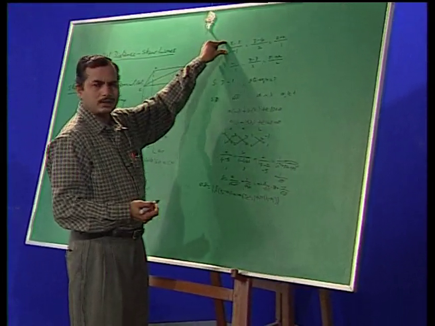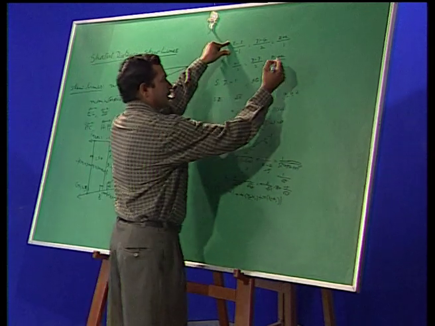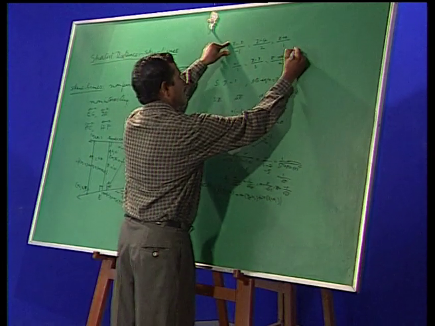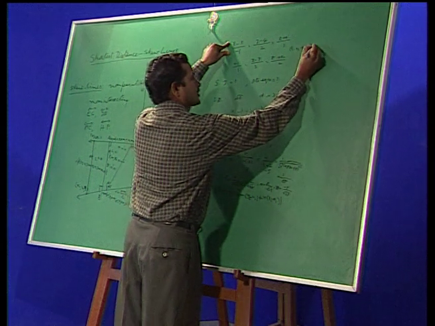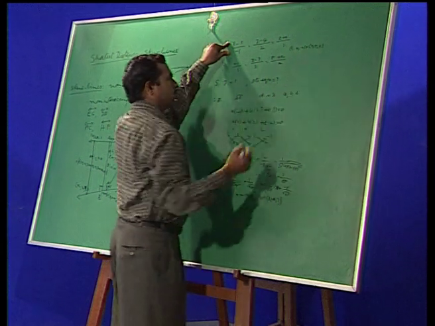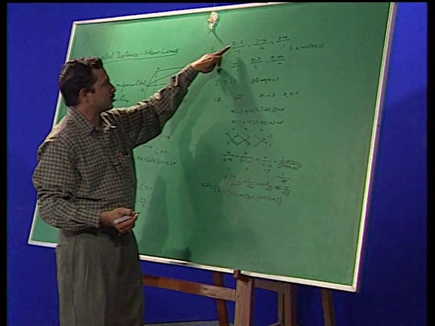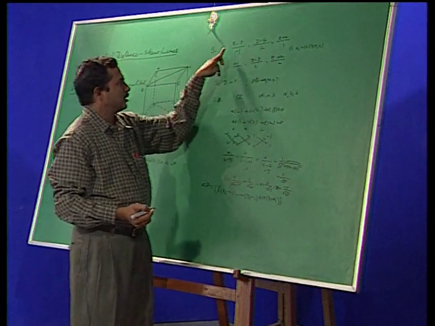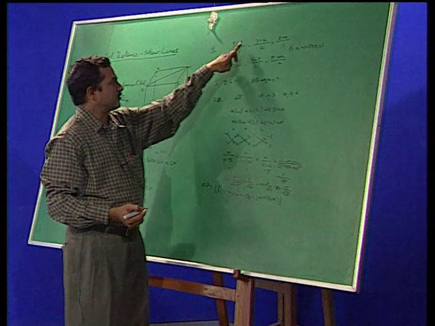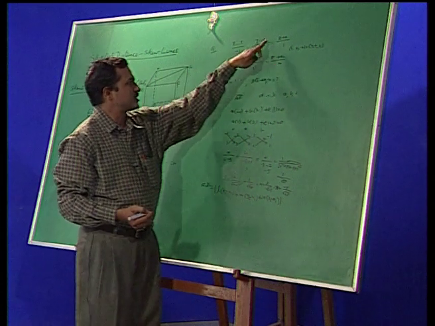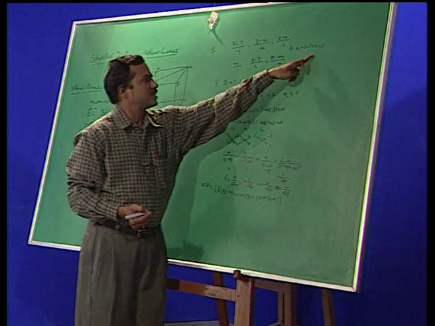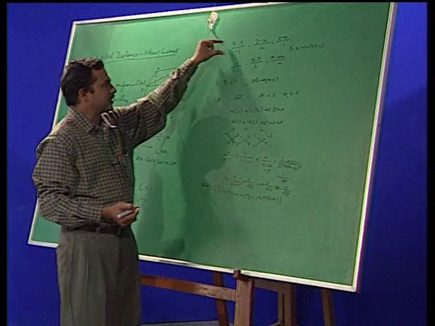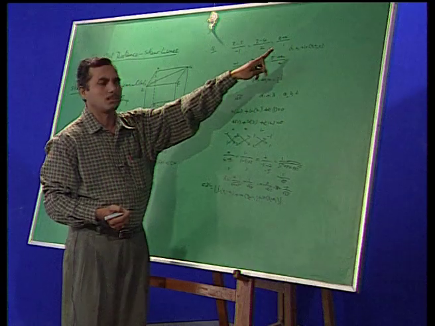The first line is passing through the point 3, 4, minus 2. So, this may be taken as x1, y1 and z1. The first line is written as x minus x1, therefore, x1 is 3. Similarly, this is taken as y minus y1, y1 is 4, and this is taken as z minus z1, z1 is minus 2. Therefore, the first line is passing through the point 3, 4, minus 2.